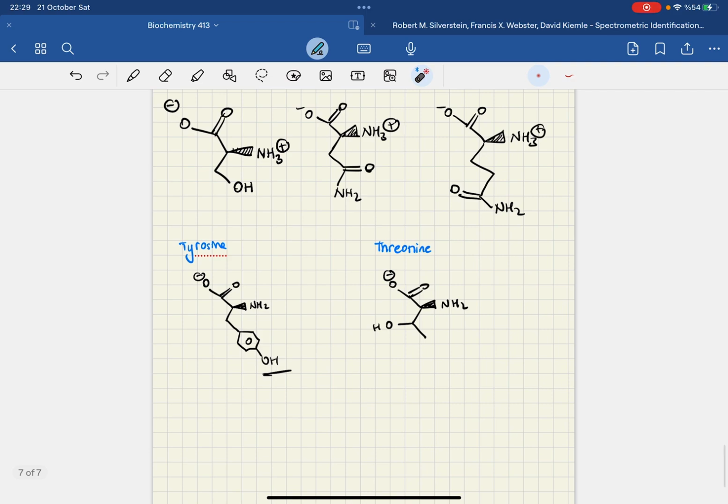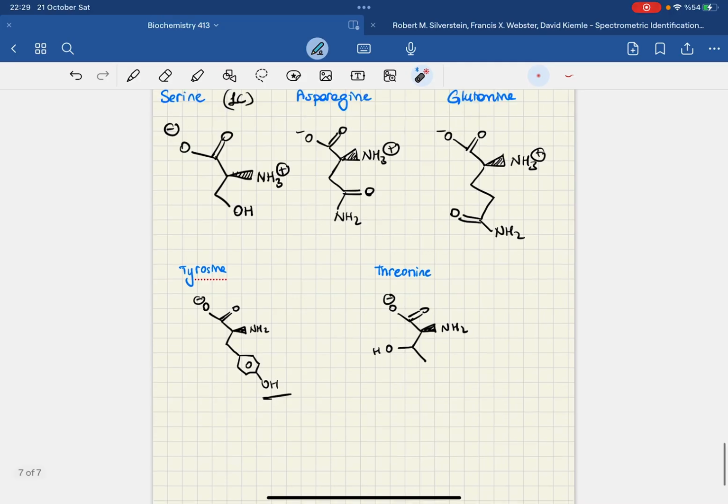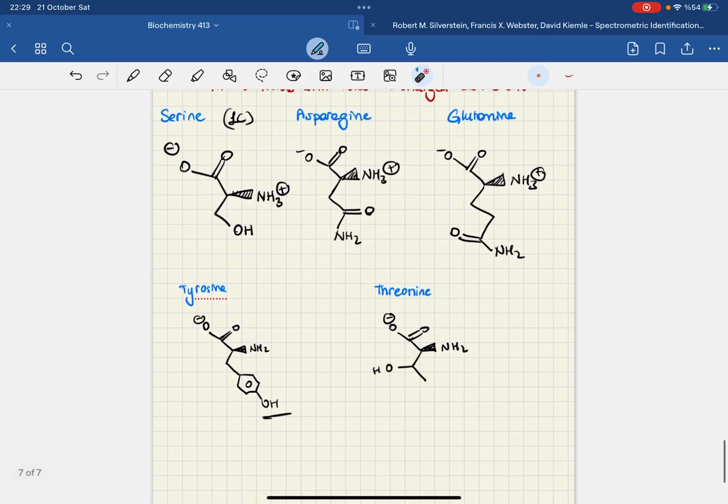And then we have tyrosine. Tyrosine is a very different case as it has a benzene group. However, as it is attached to a hydroxy group, we still count it as a polar molecule, even though it has a big benzene group, all right? And finally, we have threonine, and we have another hydroxyl group.